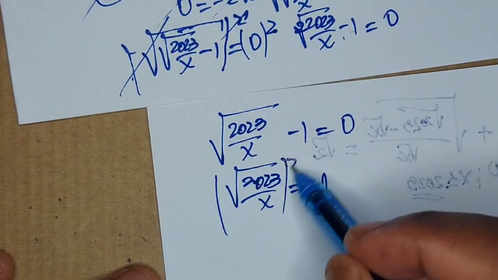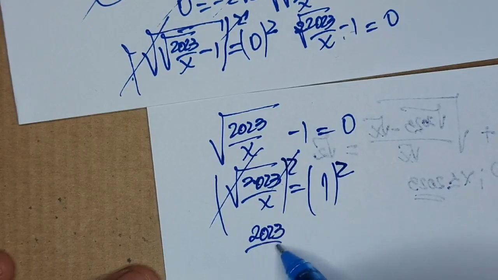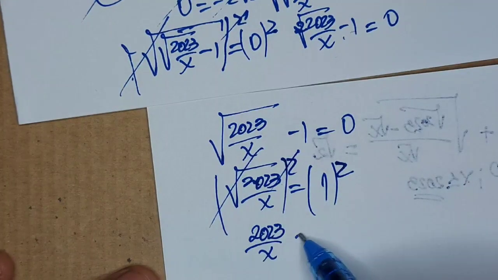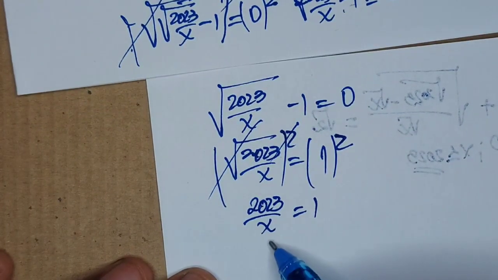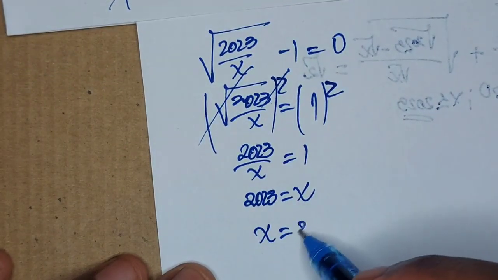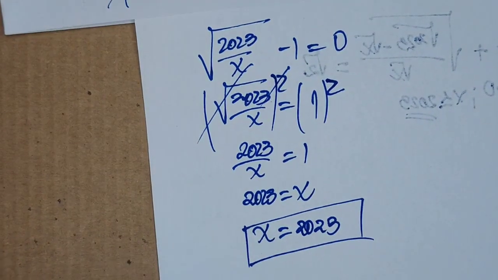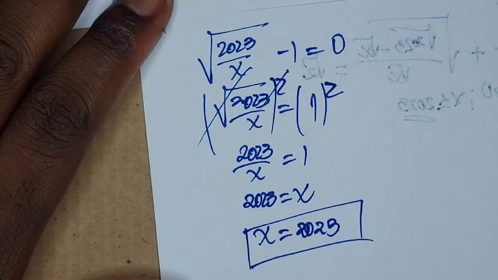So this is squared and this is squared. We cut this and we have 2023 over x, which is going to be equal to 1. So it means that 2023 is equal to 1 times x, it's x. So our x is equal to 2023.